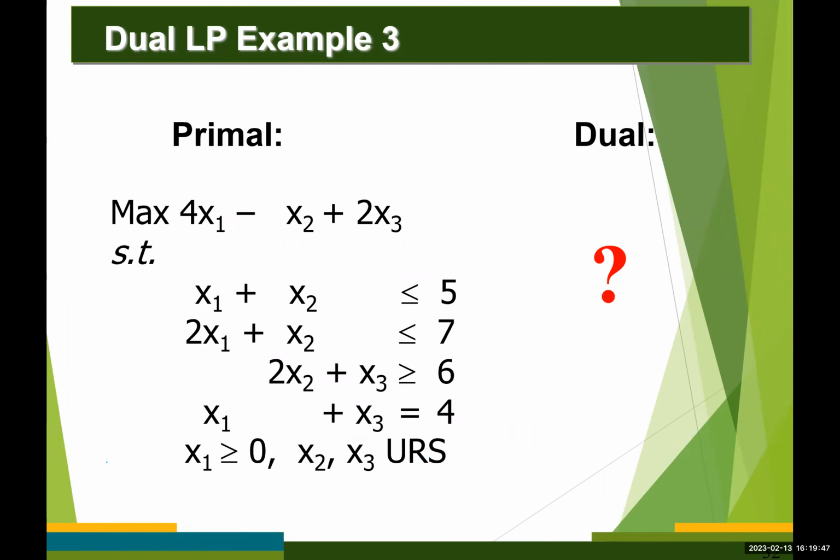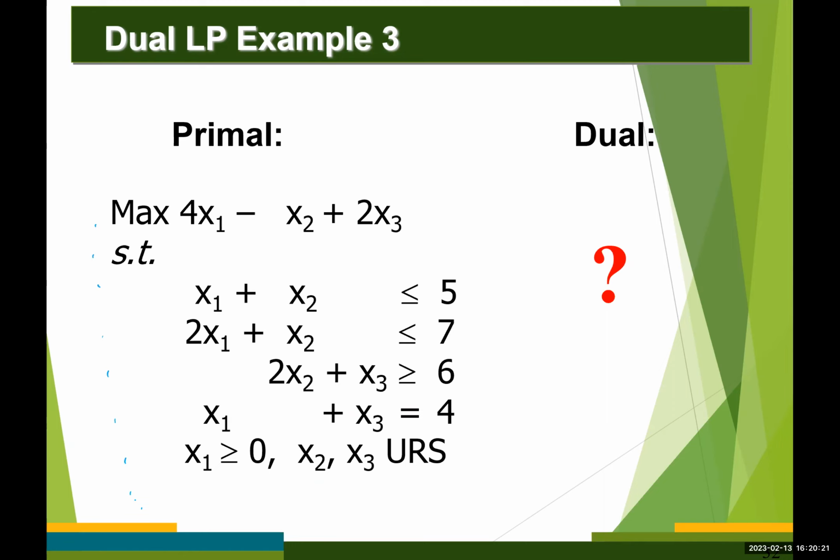Okay. Now, this is the given primal problem. Then how do you write the dual LP? So this is not the maximization problem of the symmetric primal dual pair, right?